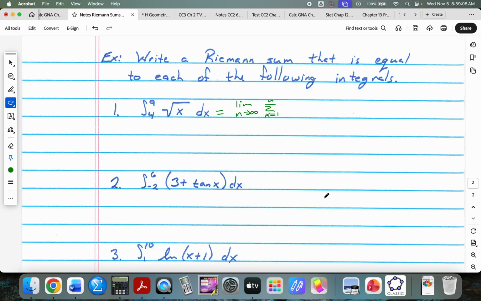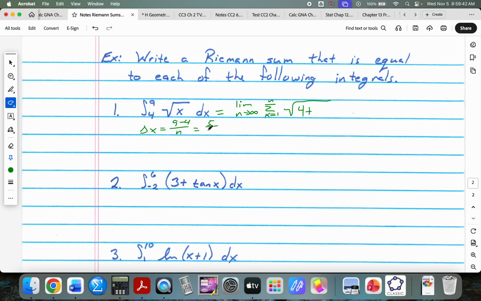This summation is my incrementer of the square root of, where are we starting? 4. So the square root of 4 plus k times delta x. Well, delta x in this case is going to be 9 minus 4 over n.